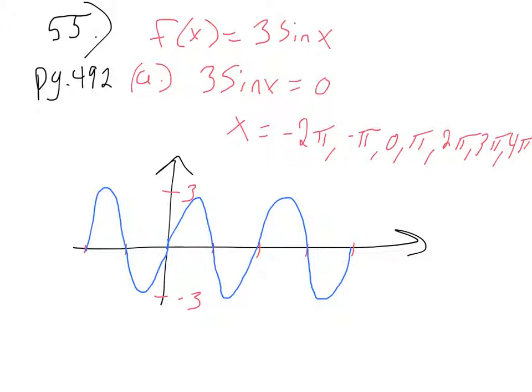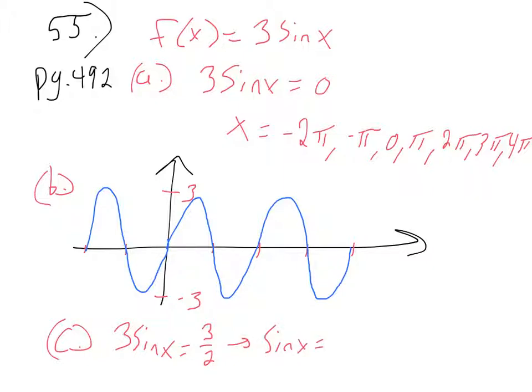They want us to solve the equation, so that's part B. Solve the equation f of x equals 3/2. So when does 3 sine x equal 3/2? Well, that's when sine x equals 1/2, right?